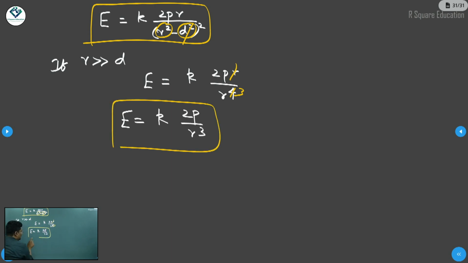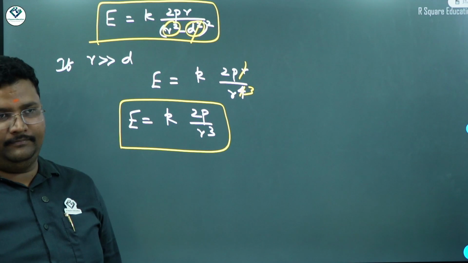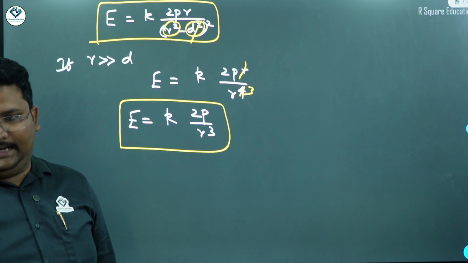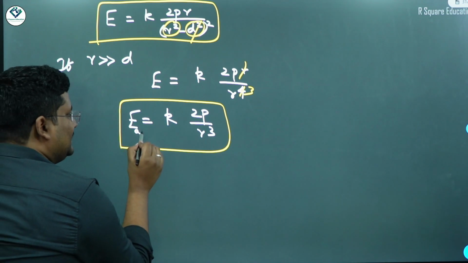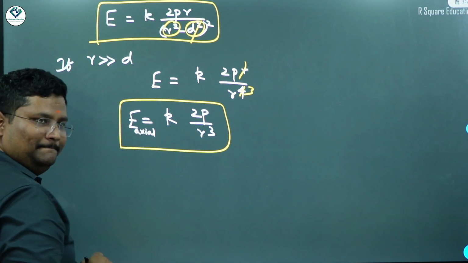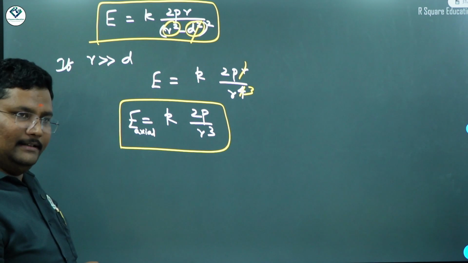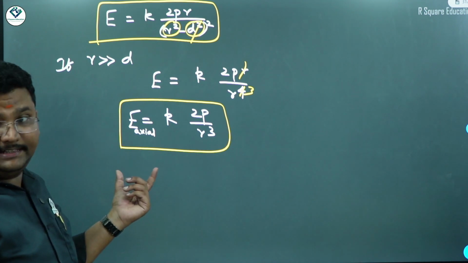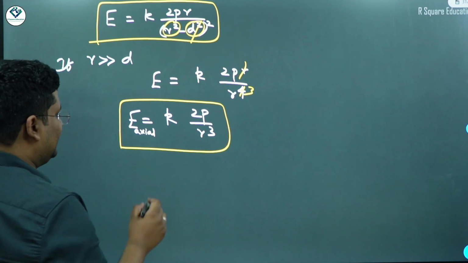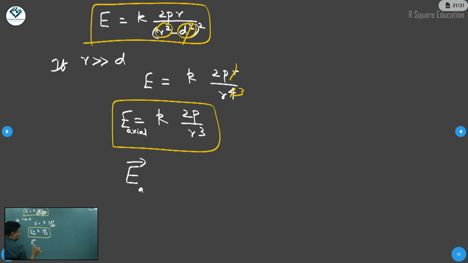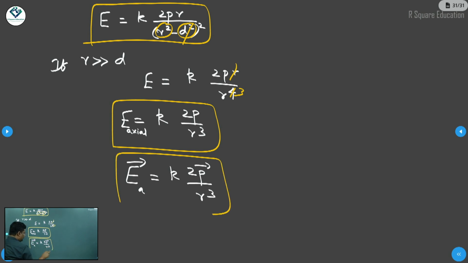So this is going to be the electric field due to an electric dipole along axial line. So can I mention it as axial because we have another derivation? Okay, again electric field is a vector quantity, correct? So vector form is equal to K 2P vector divided by R cube.